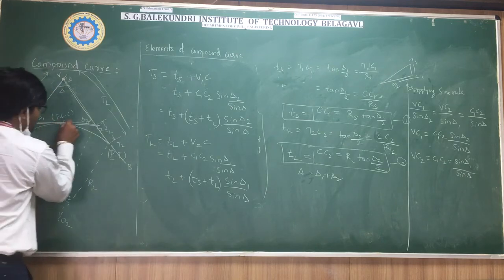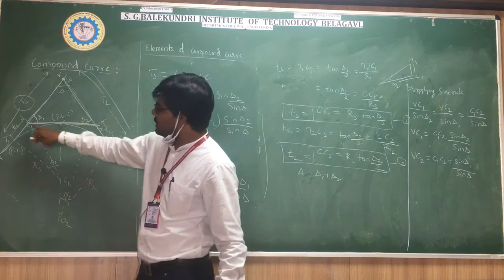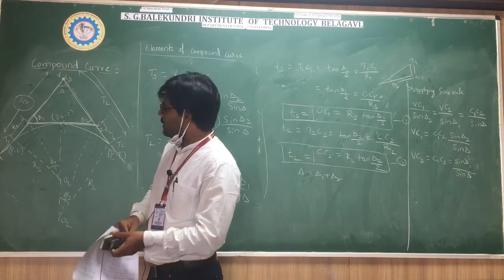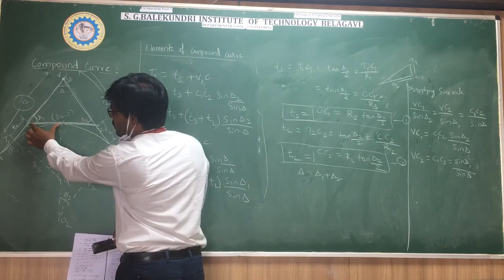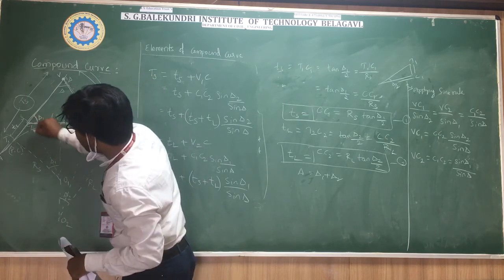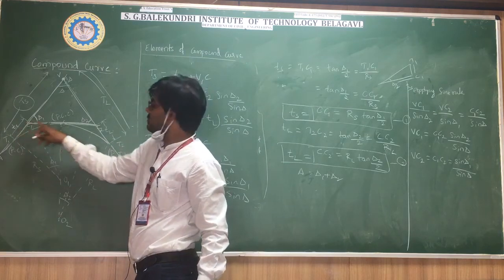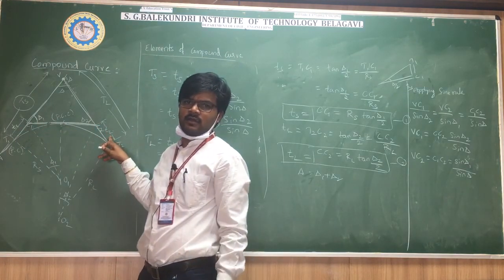This is C1 C2, C1 to C2. The distance between C1 to C2 can be written as, since this length is same as this length, C1 to C can be written as small ts. Here to here I can write it as TL.